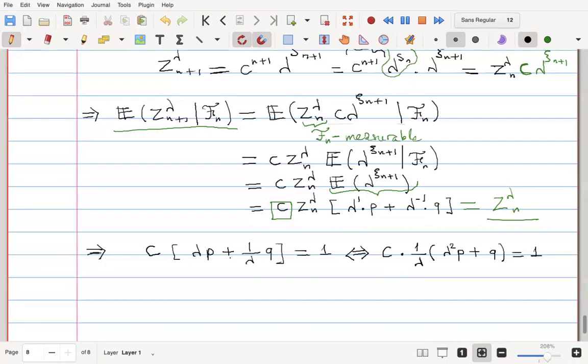I've just cross multiplied to reduce this sum to the same denominator, which is a factor of 1 by lambda. Now to get my C, I just solve for C. So cross multiply and divide by this factor. So solving for C, we obtain that C will be lambda divided by this expression. So C is lambda divided by lambda square P plus Q.